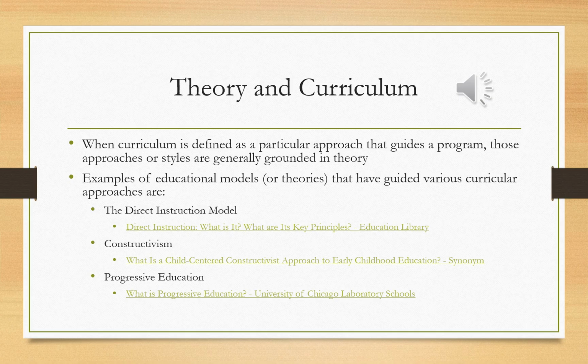And then progressive education is typically attributed to John Dewey. John Dewey thought that children had to have real life experiences where they had at least some measure of control over their learning environment to help them be ready to participate in adult society. So be able to make choices and be self-determined and participate in society effectively.